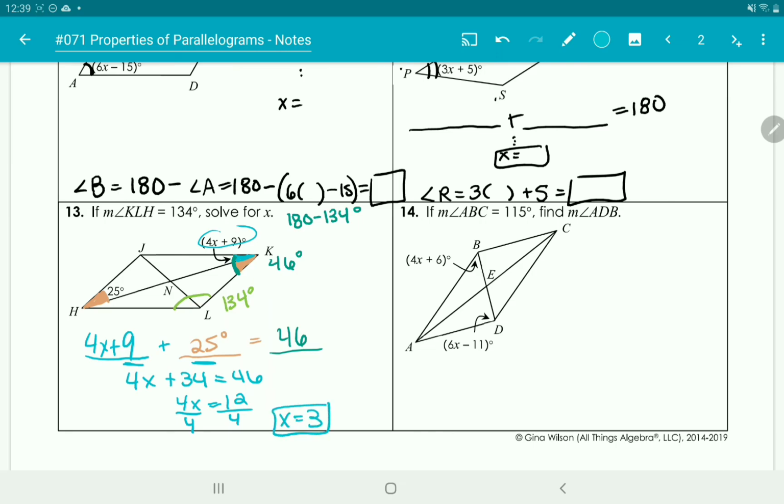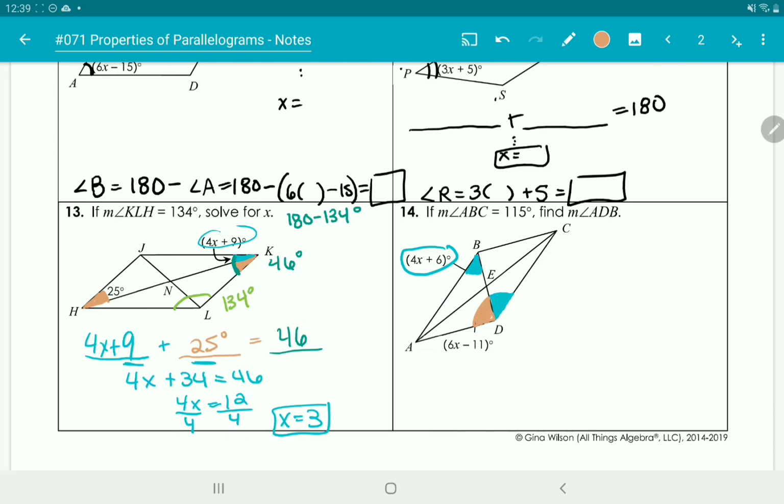I'm going to go ahead and do the color coding on this one to show you number 14, but I want you to do the math. So I'll do this one right here. I'm going to circle this to make sure we know it's the same. Go across the diagonal, or down the diagonal across, so these two are the same. We're going to do the same thing with this other one.